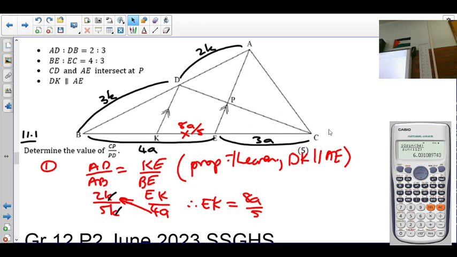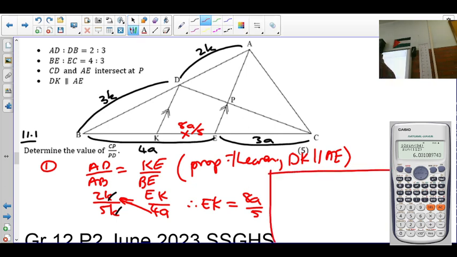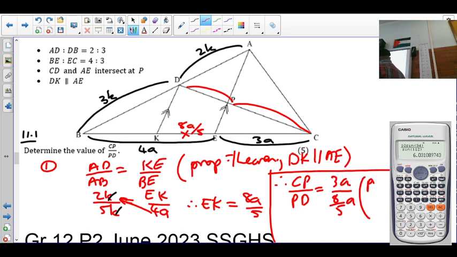So now we can say, therefore, CP over PD is equal to 3A over 8A over 5. Again, it's the proportionality theorem, with PE being parallel to DK.